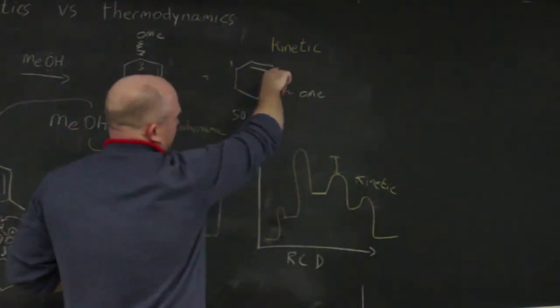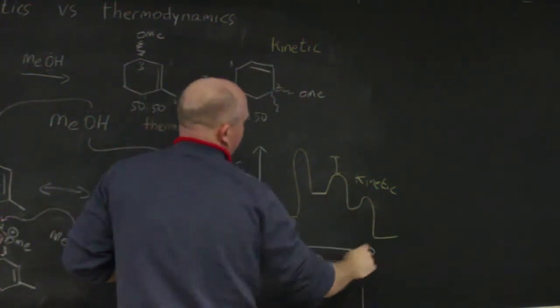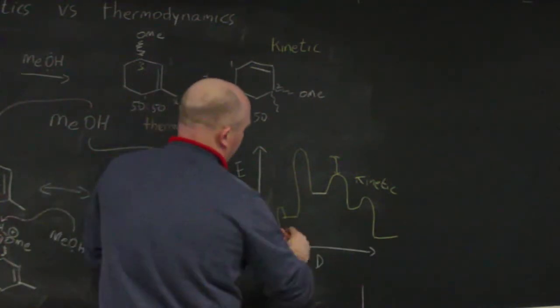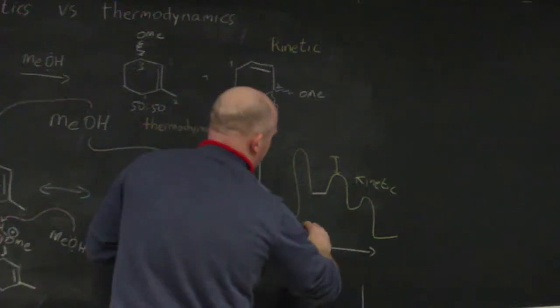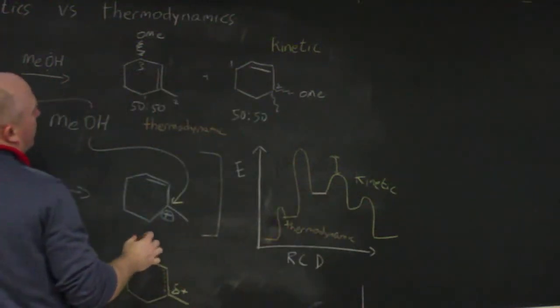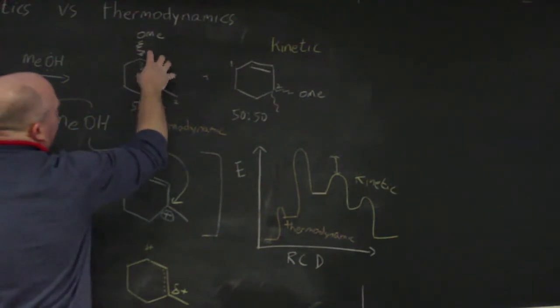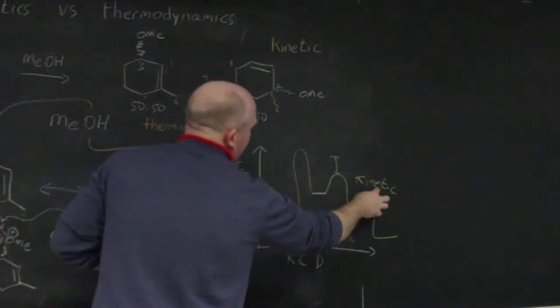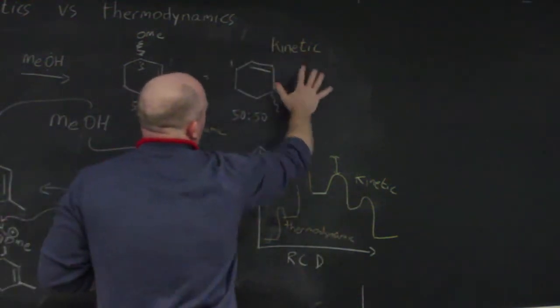So the kinetic product has a lower barrier to moving on to products, a lower transition state, than does the thermodynamic product. The thermodynamic product is so named because the energy wells are lower on this side. Again, what makes something the thermodynamic product is the stability of the final product relative to the other possibilities. What makes something the kinetic product is which ones form faster.